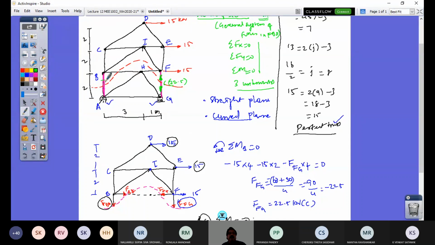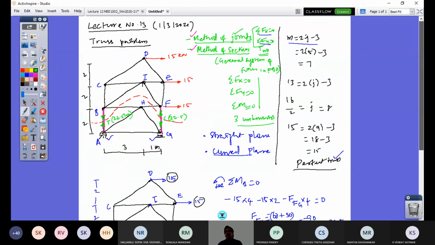So how do I represent that? I'll represent it in this way. So this is under tension by 22.5 kilonewton. So that is all. So this is an advantage of solving this problem by method of section instead of going with the method of joint.